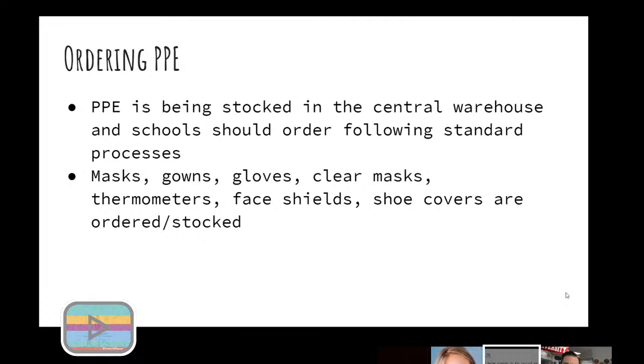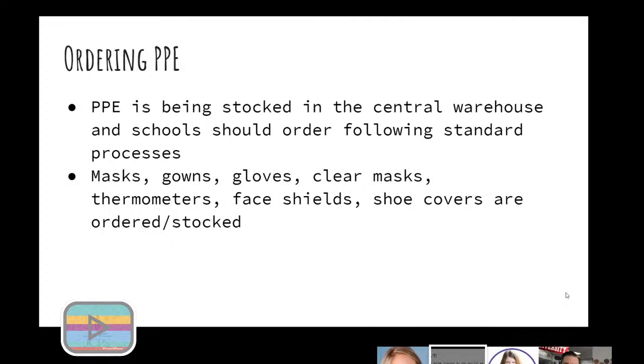There will be a document coming out that gives specific directions for ordering PPE and when it's indicated. Ordering should be done through the bookkeepers, or following the general ordering processes followed by the school.